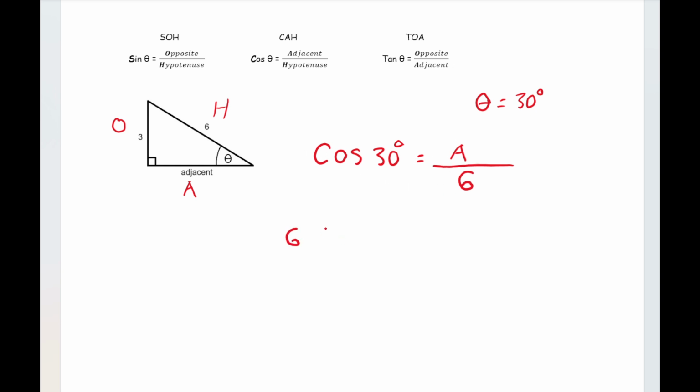If you did that, you get 6 times cosine of 30 degrees, and that would be equal to our A. You would just need to plug this in your calculator, and that should give you your value for A. If we did that, we find that A equals 5.2.